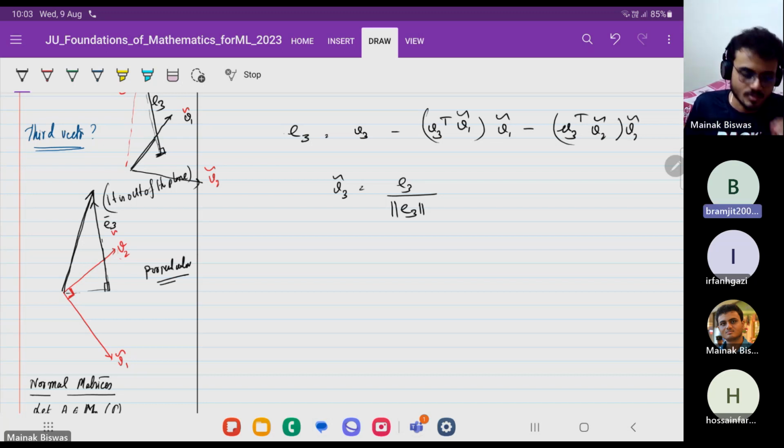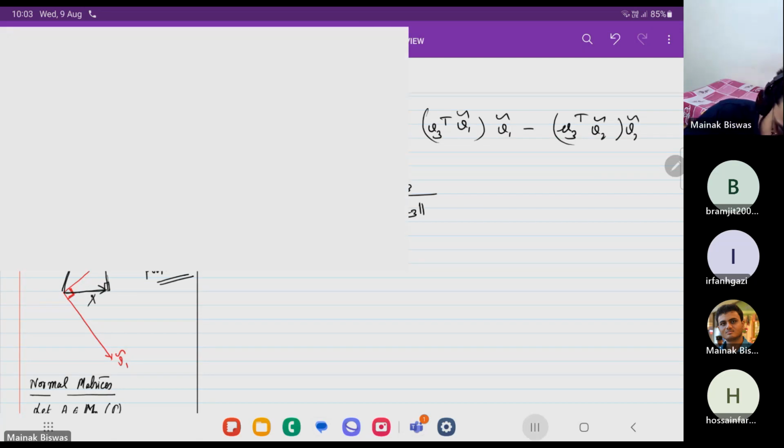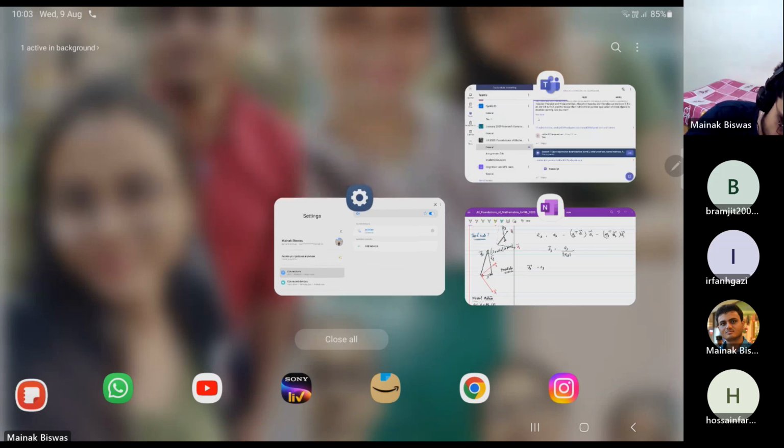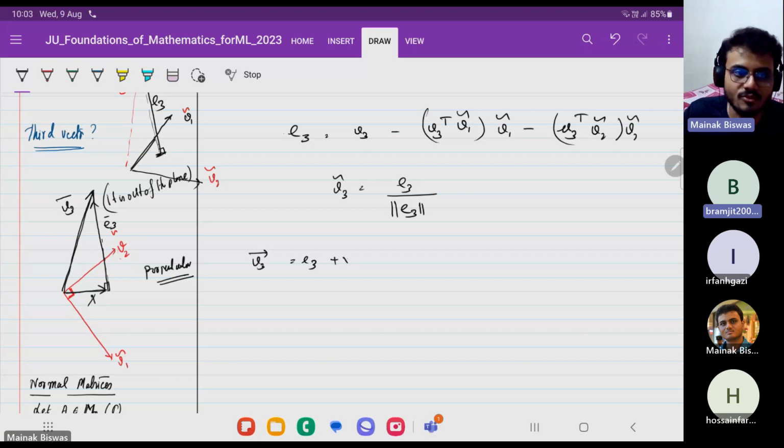Yes. Okay. So what can you write V3 as? You can write V3 as E3 plus this vector, say some x. Yes or no? Yes. Sum of two vectors. So how can you write x as? V1 tilde plus V2 tilde. Not always. There will be components, right?